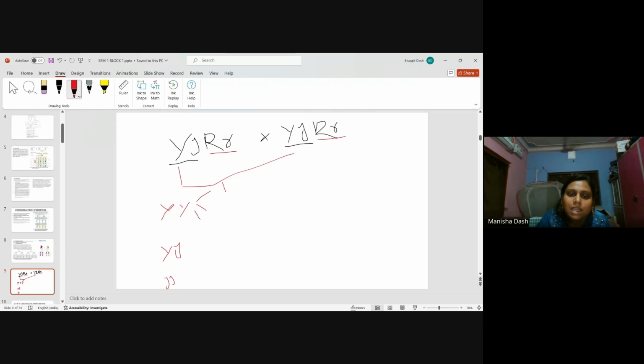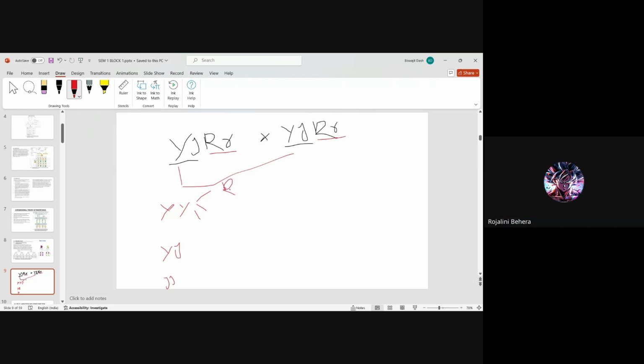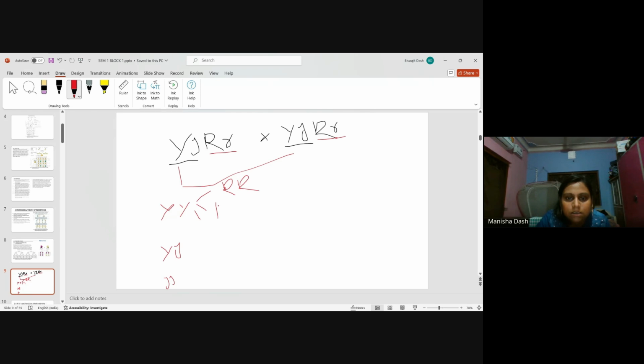You will have one capital R capital R, then capital R small r, and small r small r. Since we are considering both genotypes, this YY will combine with this RR and Rr, and similarly the others.